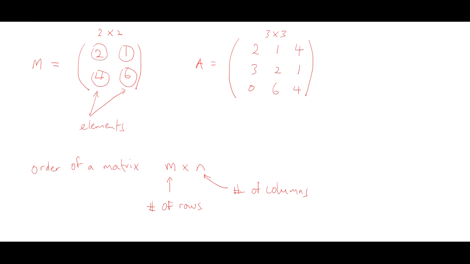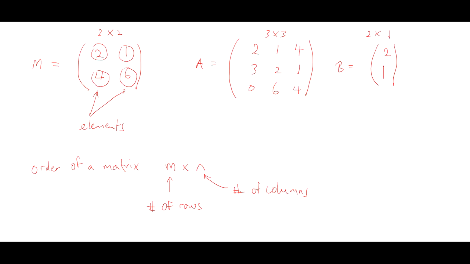And if we had another matrix, B, represented as, let's say, 2, 1, in which case the order of the matrix is 2 by 1. Now some students might be looking at this and they may be confused.